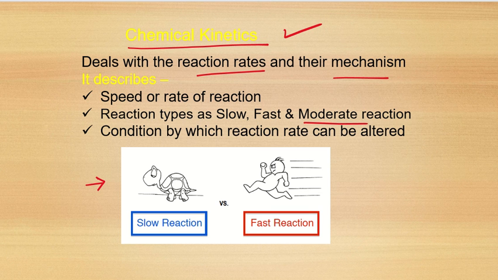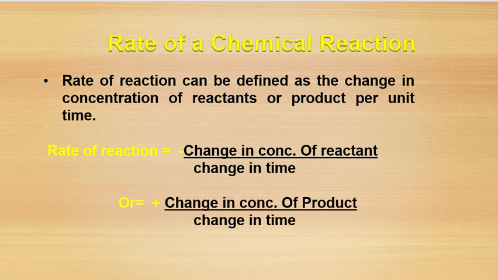Now what do you mean by rate? Rate is nothing but the speed of the reaction, whether a reaction is slow or fast. Now let us come to a definition of rate of a chemical reaction. In our normal language, the rate or speed is governed by the distance proceeding with respect to time.